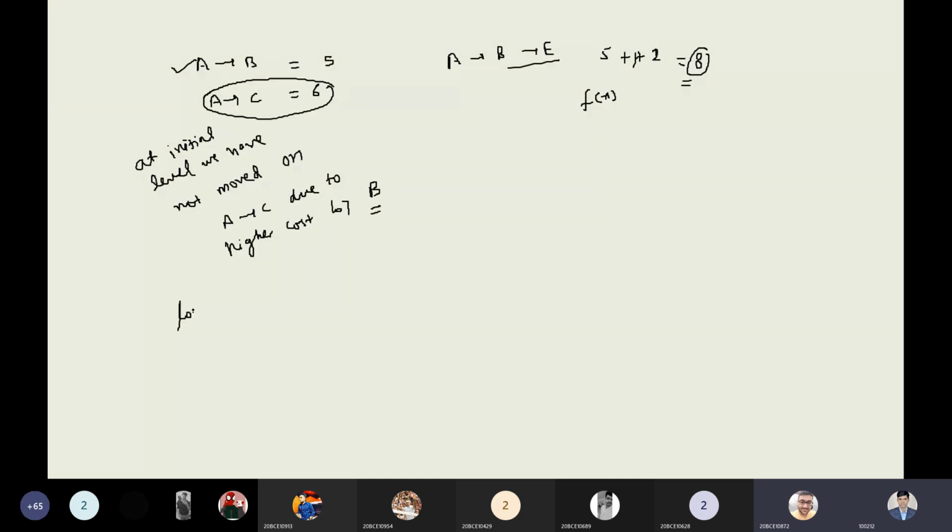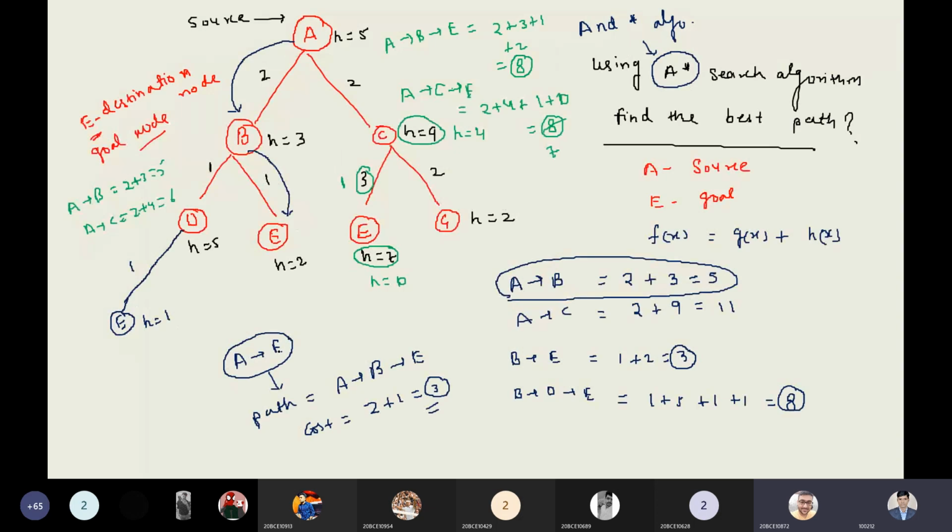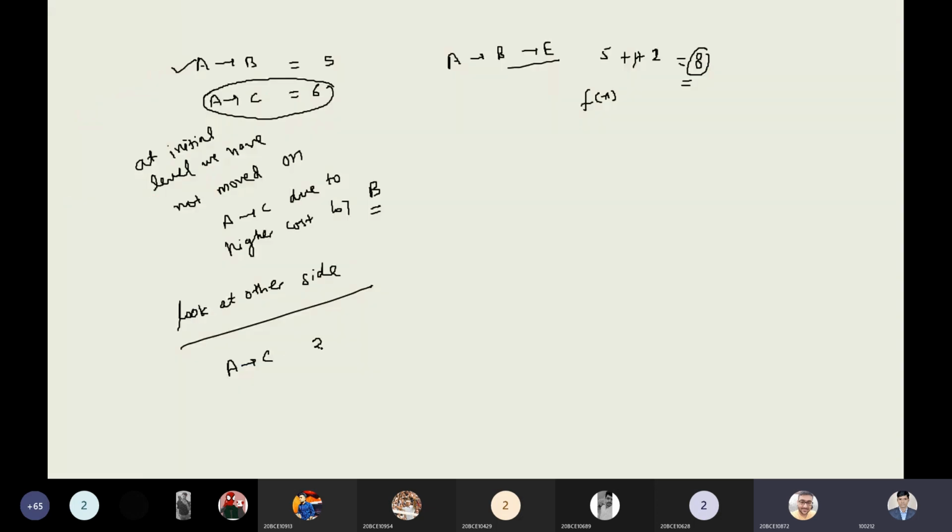But I was talking about the look at other side. This is my point. Suppose I'm moving A to C, no problem. The cost will be 2 plus 4. 2 plus 4, that would be 6. Is it okay right now? Yes, sir.